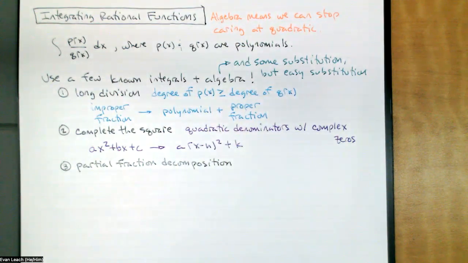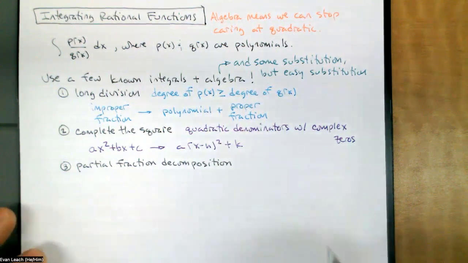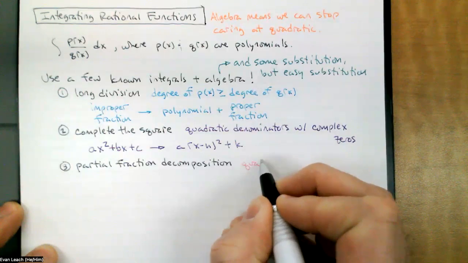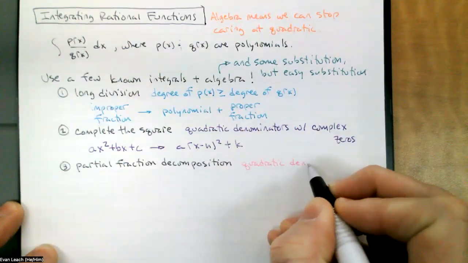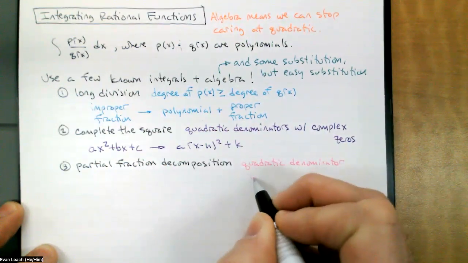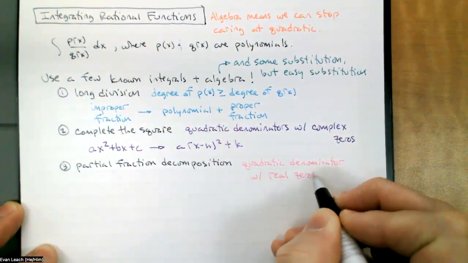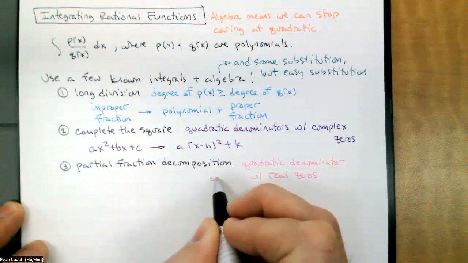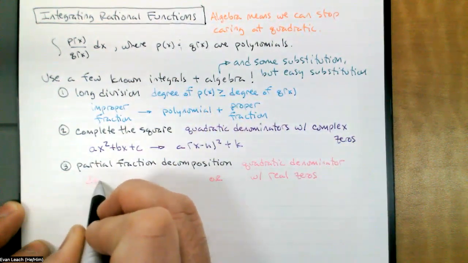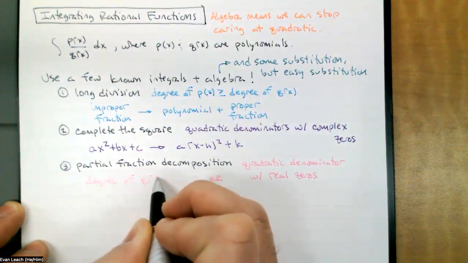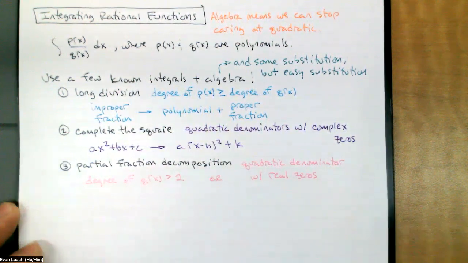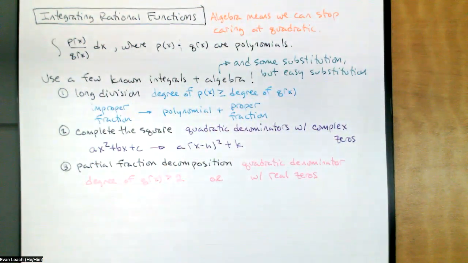Partial fraction decomposition is what we're going to need if we have a quadratic denominator with real zeros, or if the degree of the denominator is greater than 2.